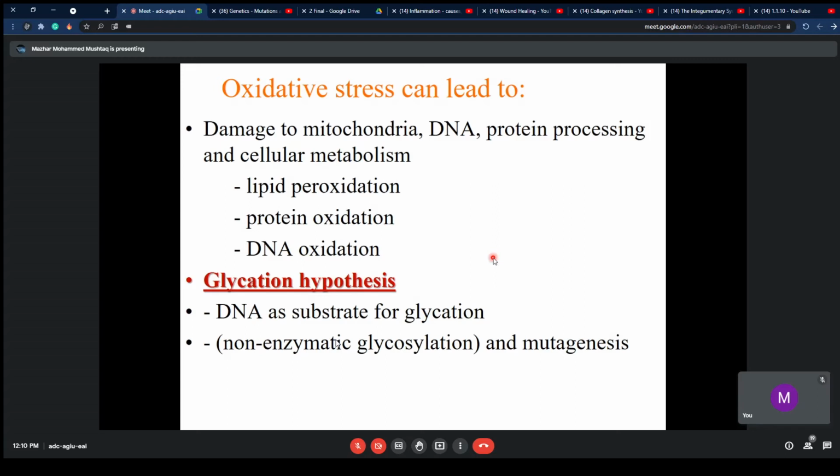The metabolism will not be able to take care of all the glucose molecules because of the lack of insulin also, which activates the enzymes to perform their function. So it is because of that the glucose increases, and it is going to damage and non-enzymatically attach to DNA, to protein, or to lipid molecules. So anything can be glycosylated.